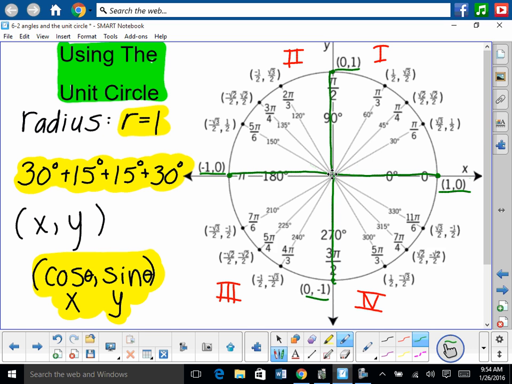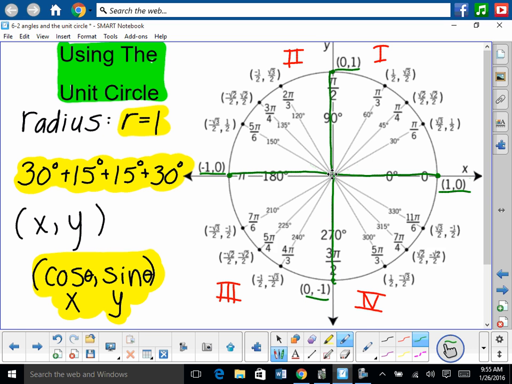Unit circles are something that we use to calculate exact values of different angles. Obviously there are other angles, like we could draw in 15 degrees, but these are just common angles that you run into. It works in a 30, 15, 15, 30 pattern. So from here to here I add 30.